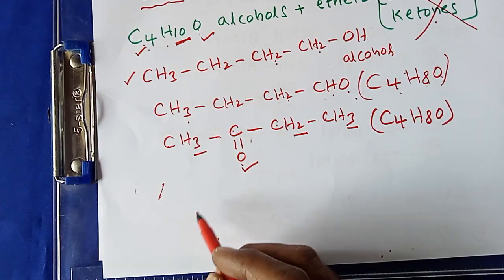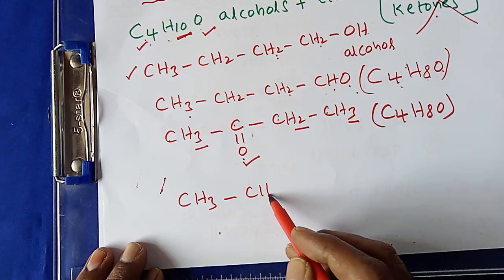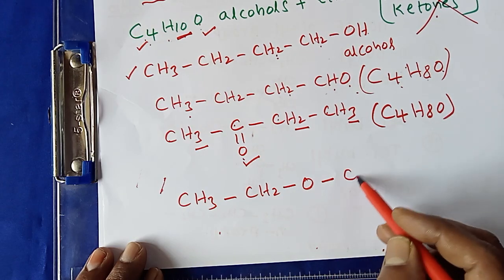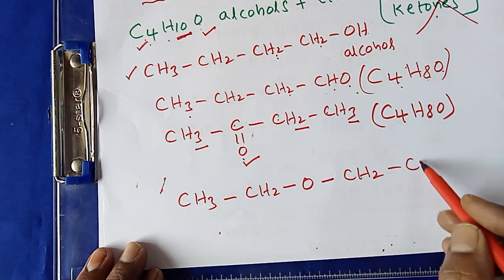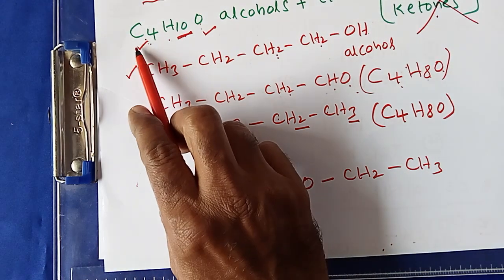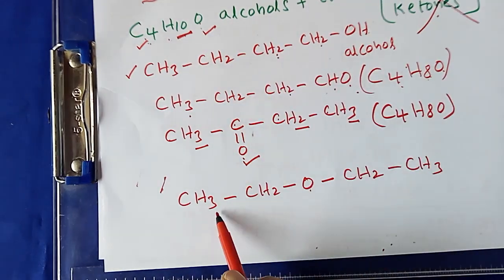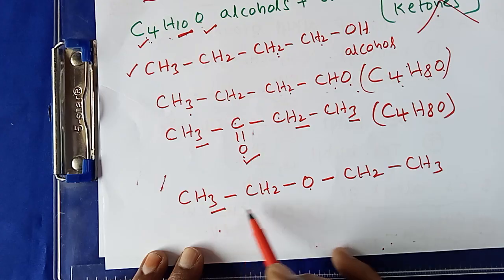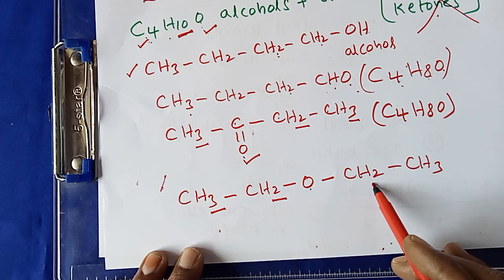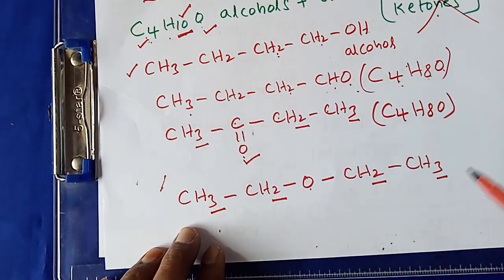Then for the alcohols, you write down with 4 carbons; ether also, 1. Okay, I wrote the one ether: CH3, CH2, O, CH2, CH3. Now your carbons, how many? 4 carbons. Okay, carbon satisfied. And oxygen, 1 oxygen satisfied. Mainly important, hydrogens: 3 plus 2, 5 plus 2, 7 plus 3, 10. Okay, hydrogen also satisfied for ethers.